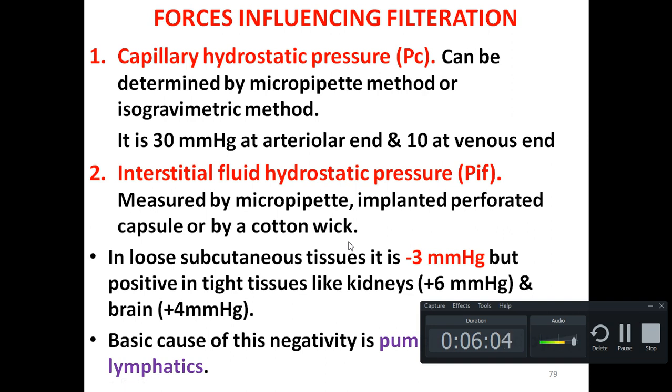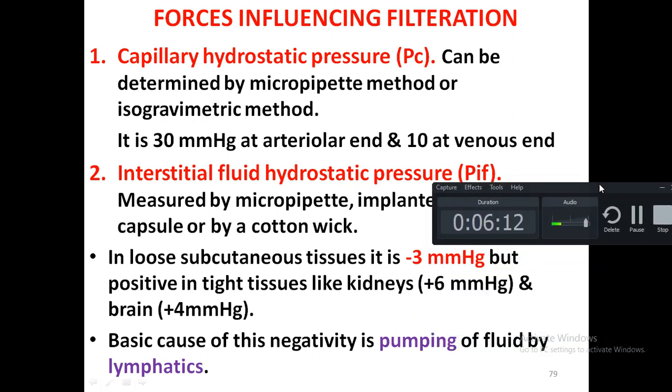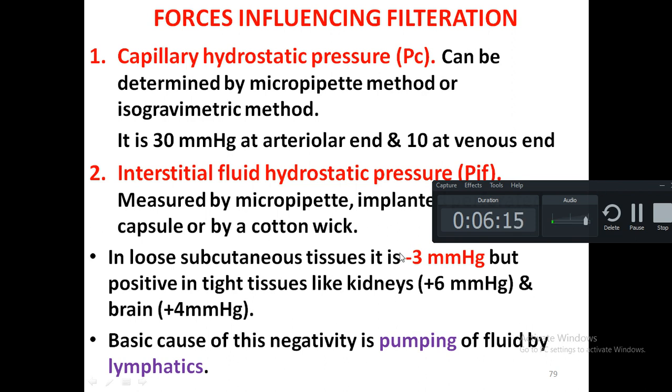In the loose areolar tissues, for example, the tissues present underneath the eye or in the scrotal region, the interstitial pressure is always negative. It is in the range of -3 millimeter of mercury.